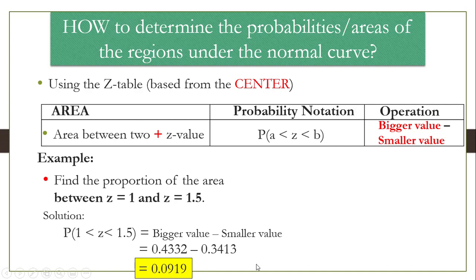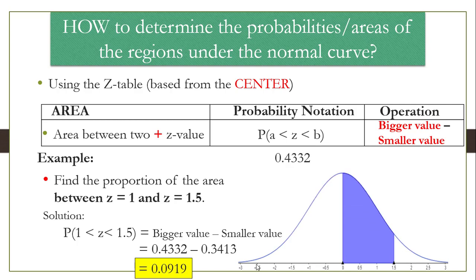Now, to picture out this one, why do we subtract? Can you observe this illustration? Suppose we have first the 0.4332, which is the area from the center, since we're using the z table based from the center. So it starts from 0 to 1.5, so that area. And we also have the area of z equal to 1 from the z table based from the center, so we will have this one.